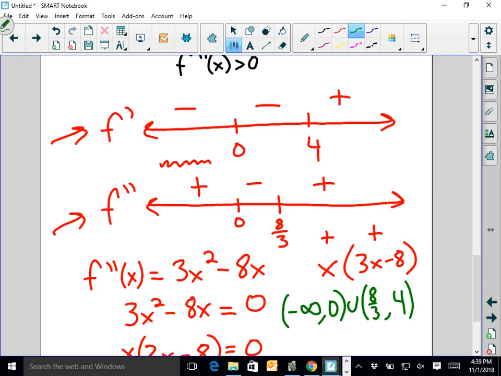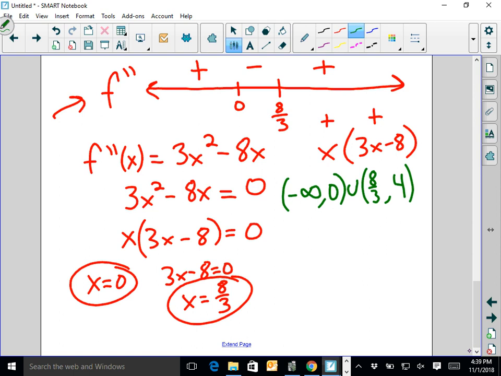To justify this, I would say that this is where f is decreasing, so f prime is less than 0, and concave up because f double prime was greater than 0.